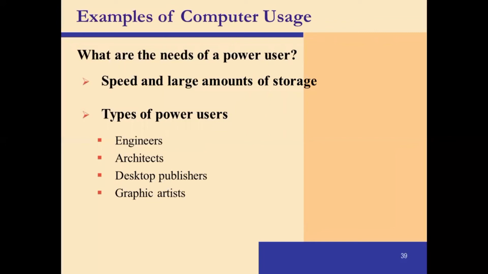Power users have to perform different kinds of operations that need to be done in a very short amount of time, so they need speed. Second, they have a lot of data to be processed. They can process trillions of megabytes or gigabytes or terabytes in an hour or two, so they need a large amount of storage. There are different types of power users: engineers, architects, desktop publishers, and graphic artists.